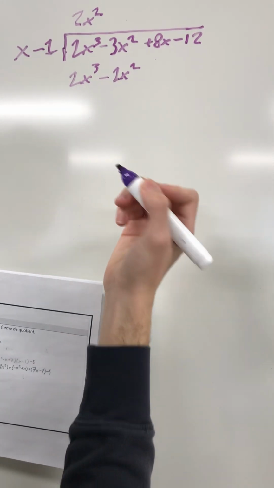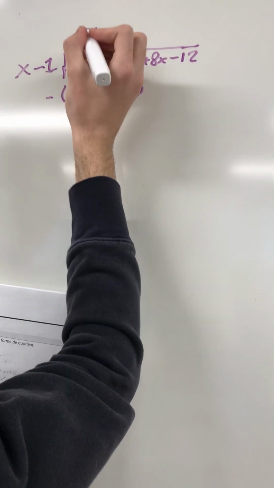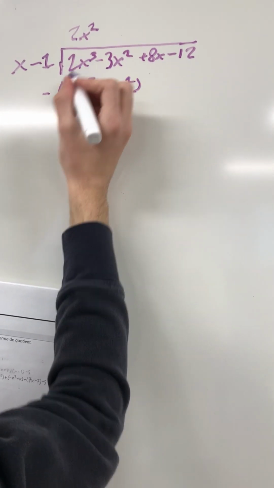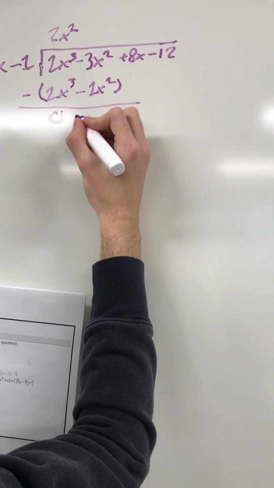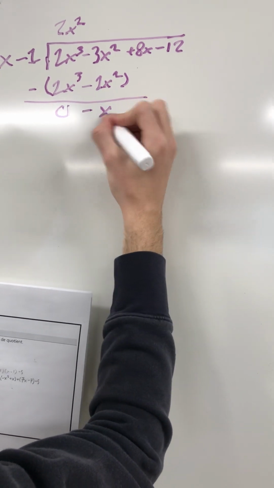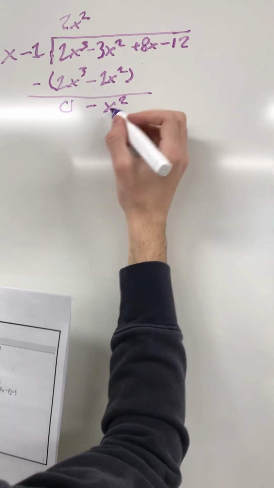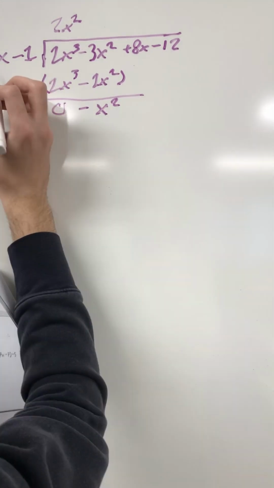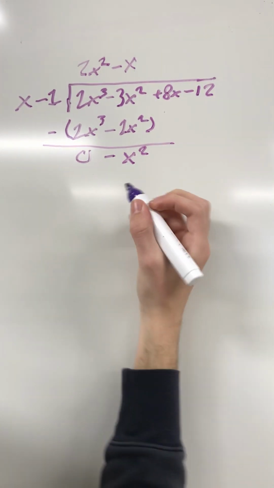Then you remove this from that, and that gives you 0. Minus x, because you're doing minus. And then you take this and divide it by this, and you put it up here, and that gives you minus x.